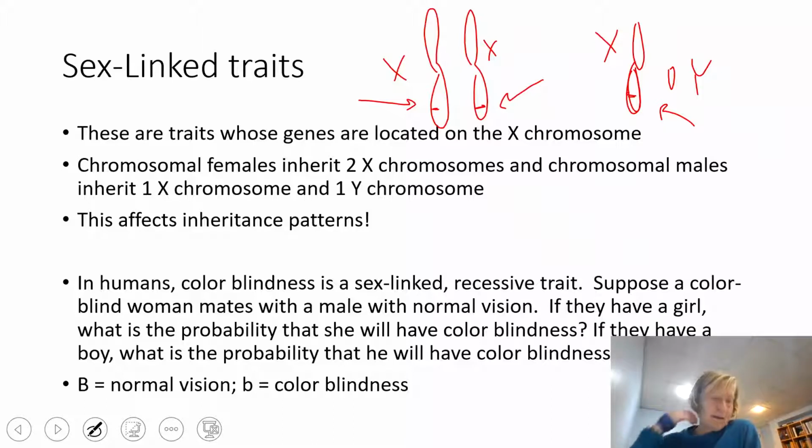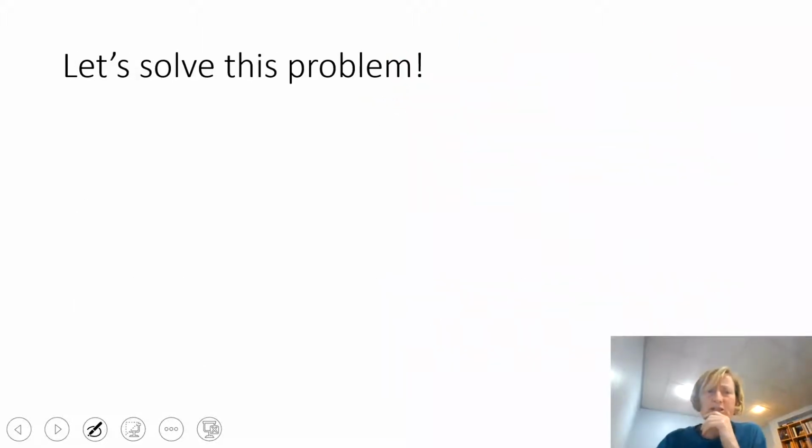I'm going to use an uppercase B for normal vision and a lowercase b for color blindness. Remember that females inherit two copies of this gene, while males only inherit one copy, on the X chromosome. So we're going to write this a little differently than we did with autosomal traits. Let's solve this problem.